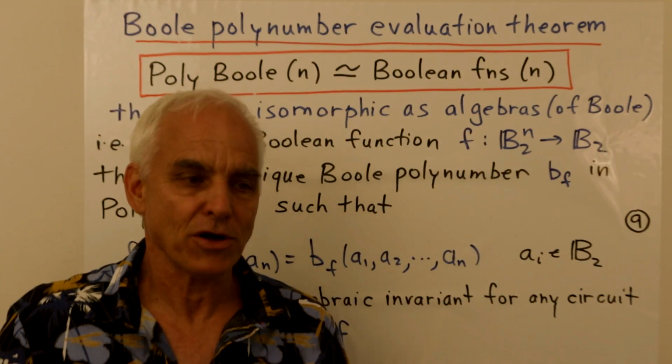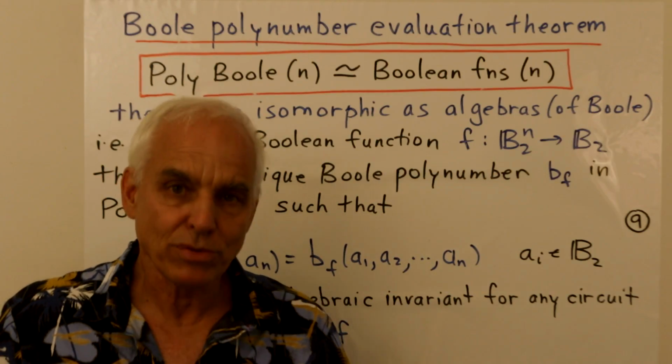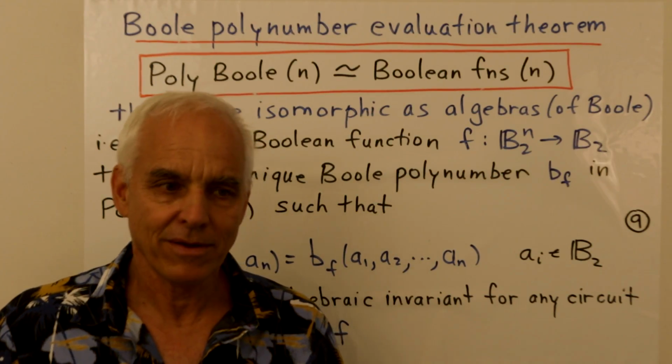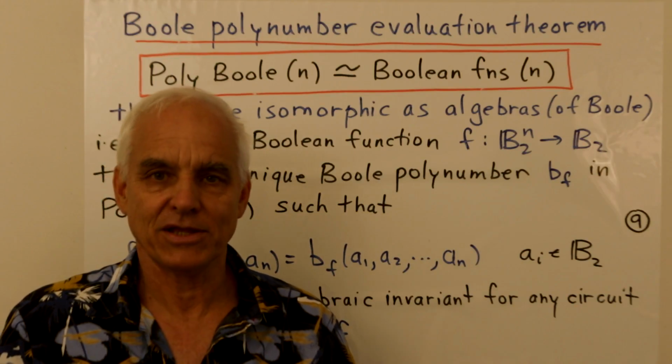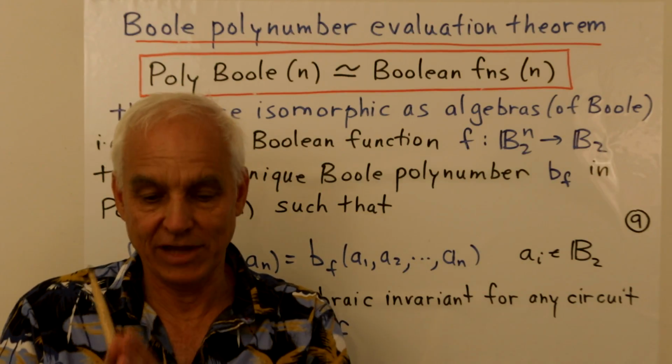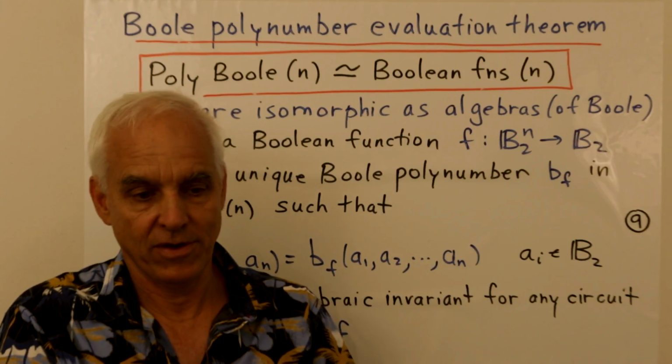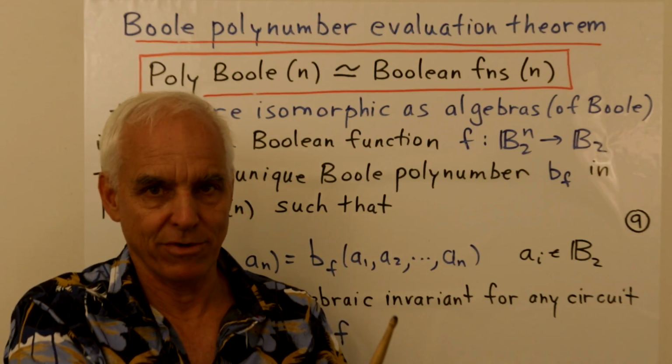And this is really the heart of the power of Boole's algebra, of the algebra of Boole, to deal with circuit analysis, because we have this lovely correspondence between circuits, truth tables, and Boole polynumbers.